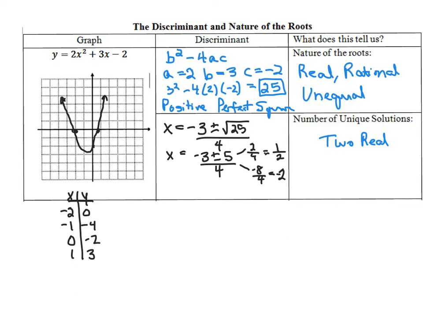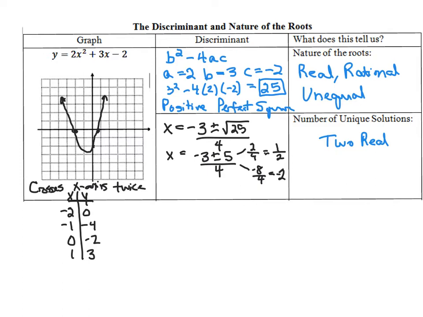So clearly on this graph, I see that I am crossing the x-axis twice. That tells me I have two real roots. So all of this information fits together.